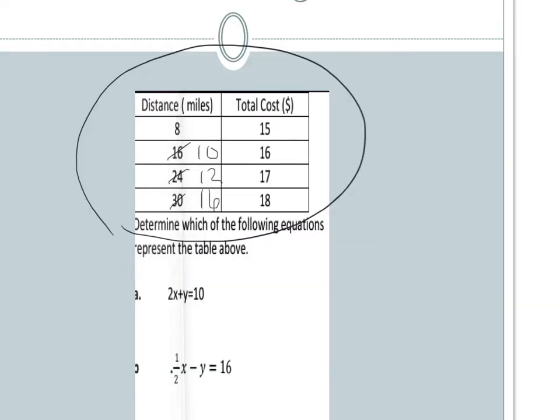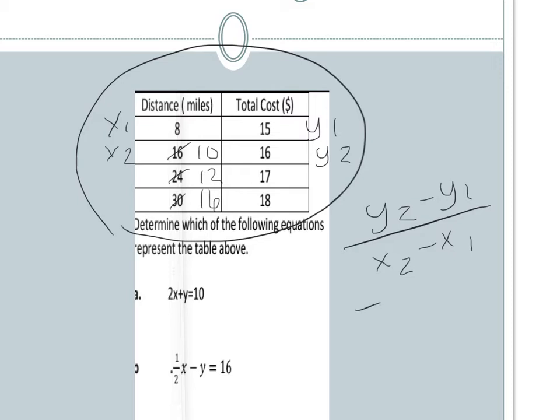So now we're going to verify if you found the slope correctly. So I'm going to label x1, y1, x2, y2. So my formula is y2 minus y1 over x2 minus x1. Now, if you didn't do the slope on your own, what I'm writing, you need to make sure that you have on your paper.